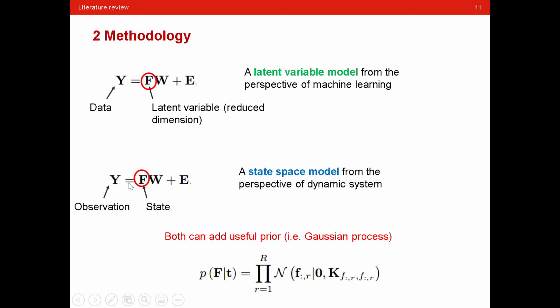The point is that no matter from which perspective, a useful prior can be added to the latent variable, which is beneficial. For example, impose a Gaussian process with time dependence, and the latent variable is governed by a series of time-dependent functions. In this case, we essentially have a latent function model.